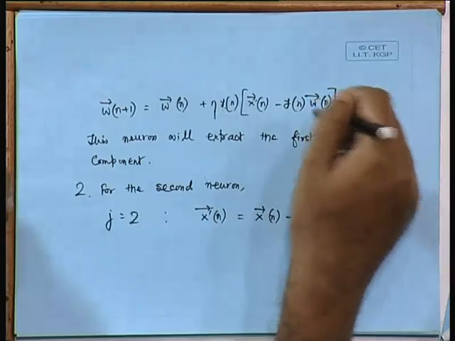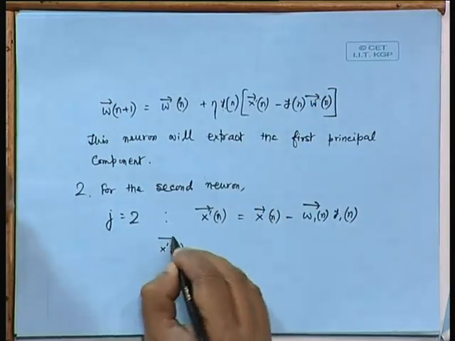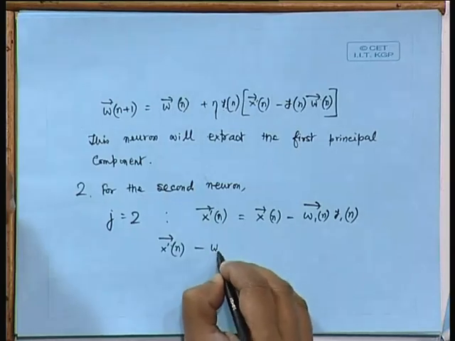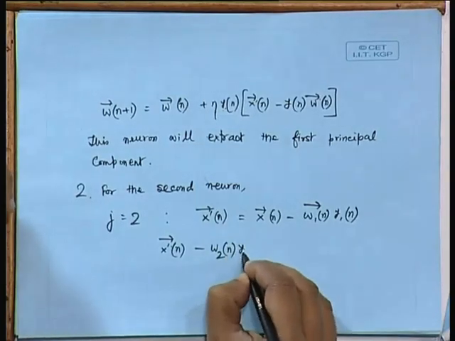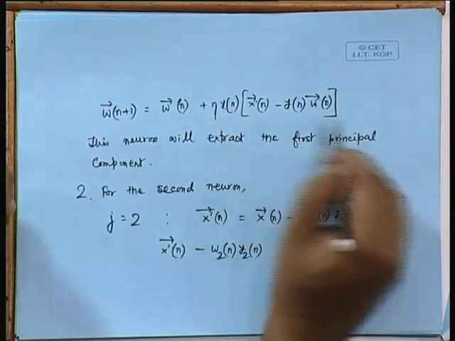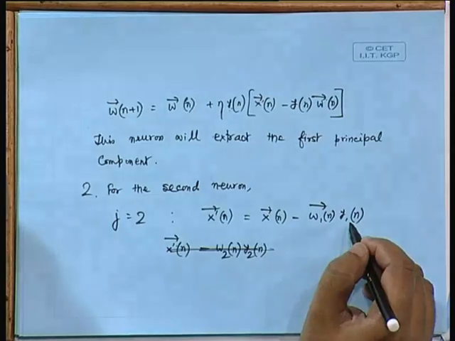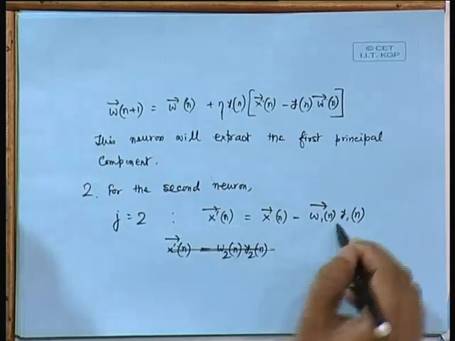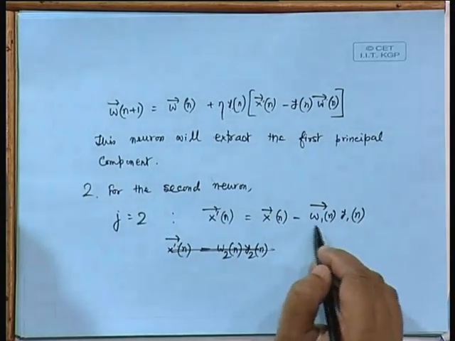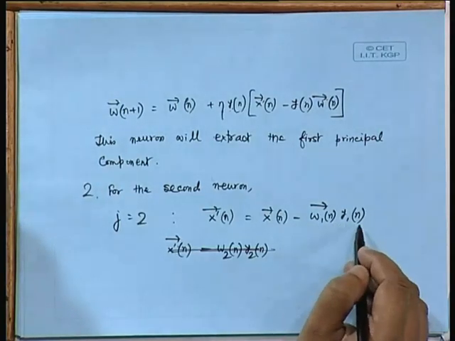See, from here we just have to subtract this term. So, if we consider x prime n minus w2n y2n, then that is the same thing as this term. Okay. So, here the new x prime n is becoming x of n minus w1n y1n.